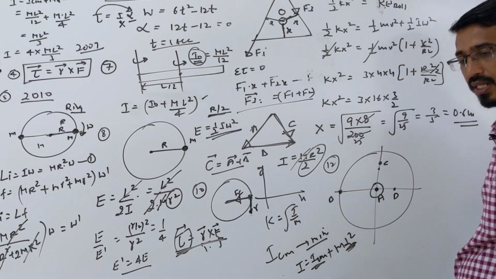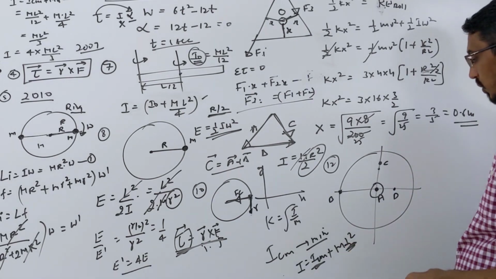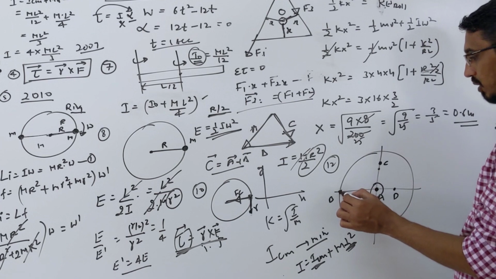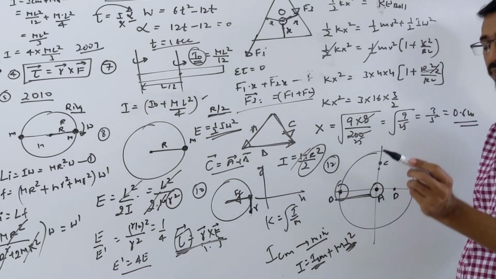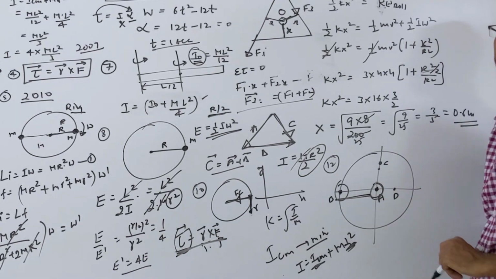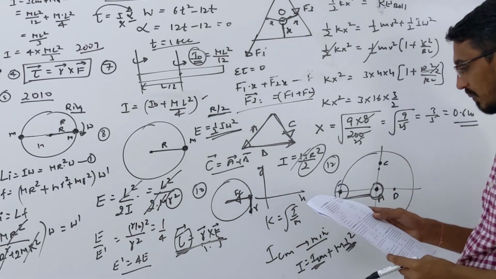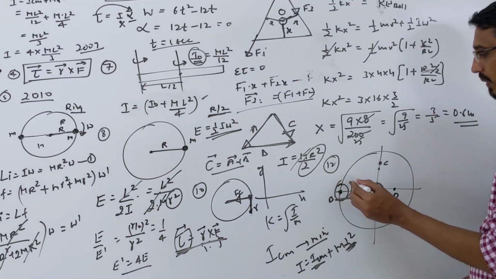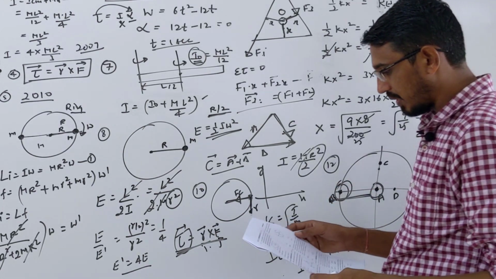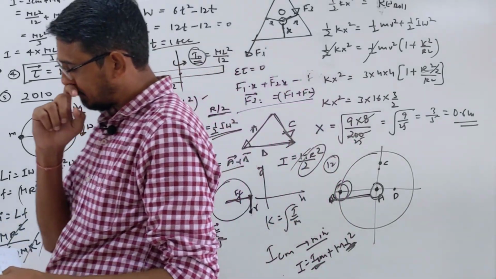When this distance d increases, inertia will increase. So among these 4 points, B point is at maximum distance, so inertia at this point will be maximum and inertia at point A will be minimum. So B point will be your answer, which is given in the third option.